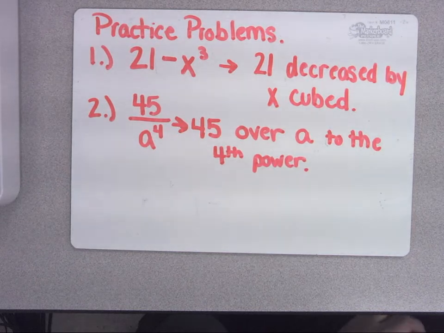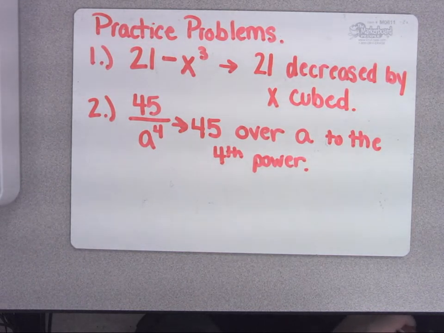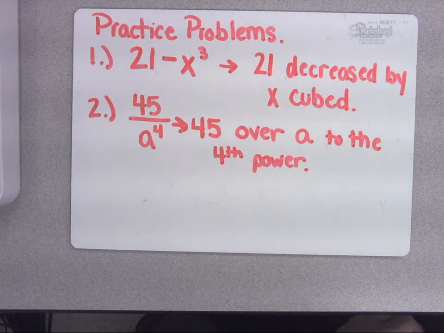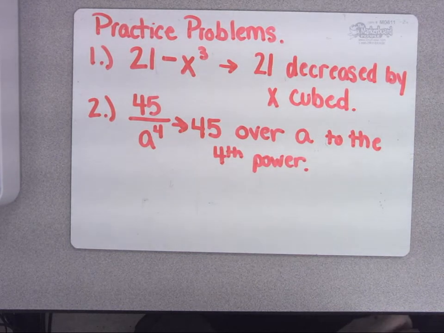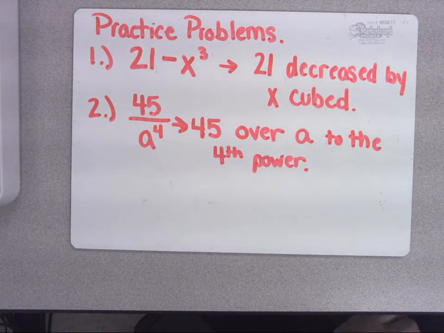That's my basic one. 45 over A to the 4th power. Remember, you could also do the quotient of 45 and A to the 4th power. Or you could have said 45 divided by A to the 4th power, right? Lots of options.